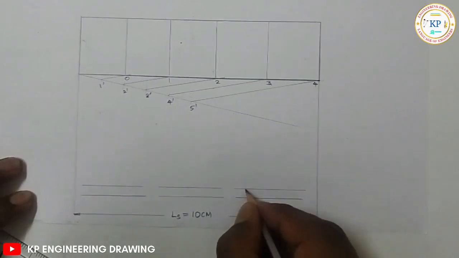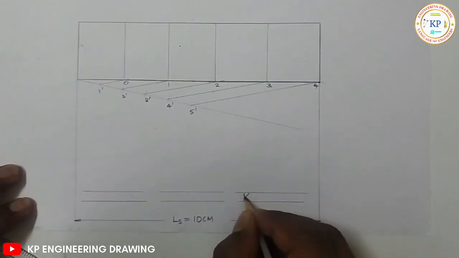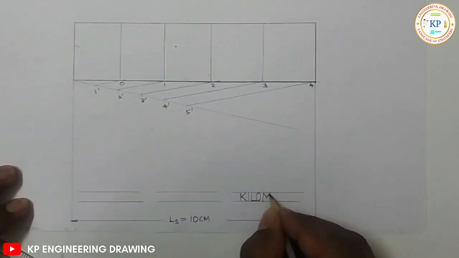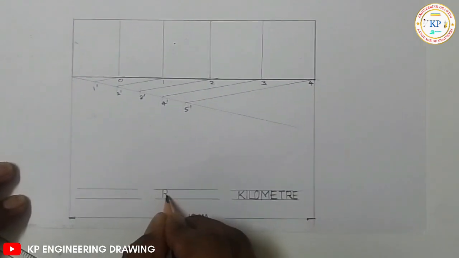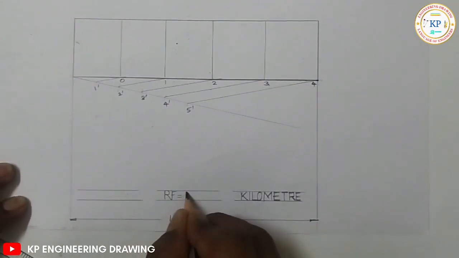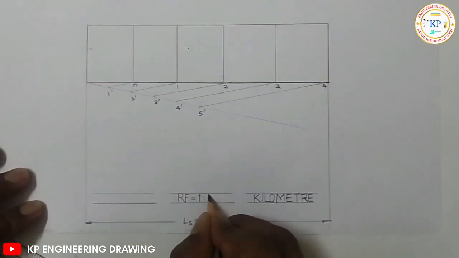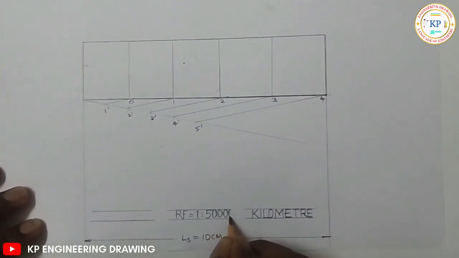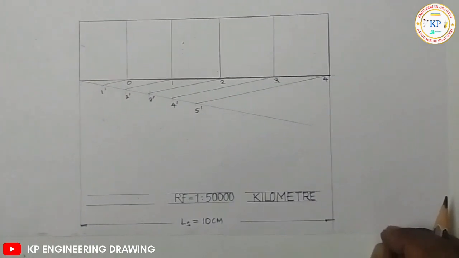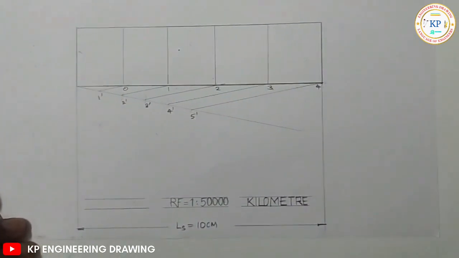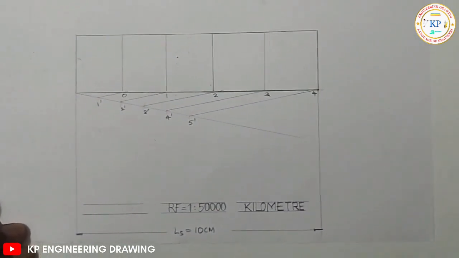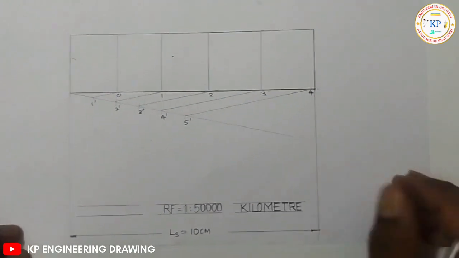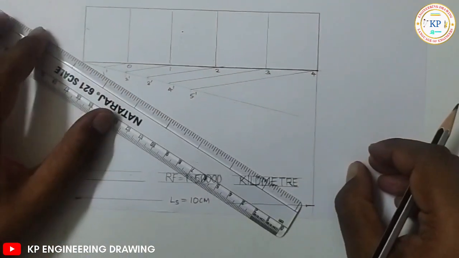So write here RF is equals to 1:50,000. Now already we have said in diagonal scales we have 3 scales, main scale and its immediate 2 subscales. So we will draw another subscale.